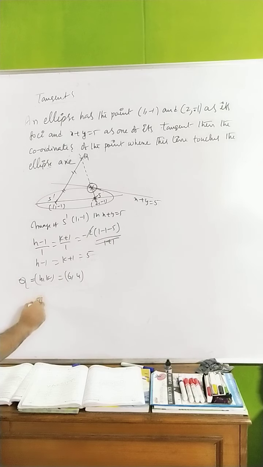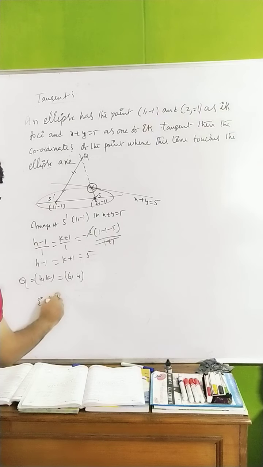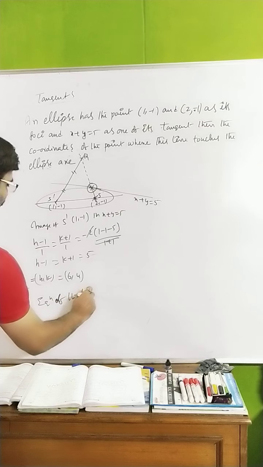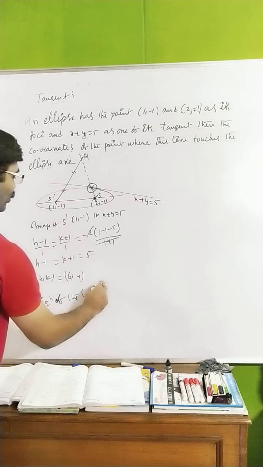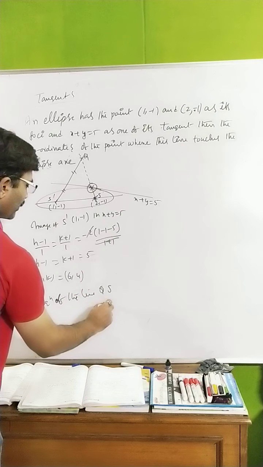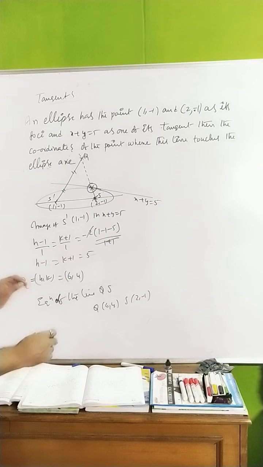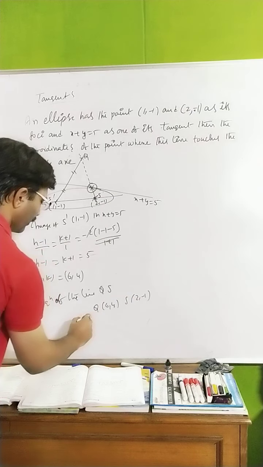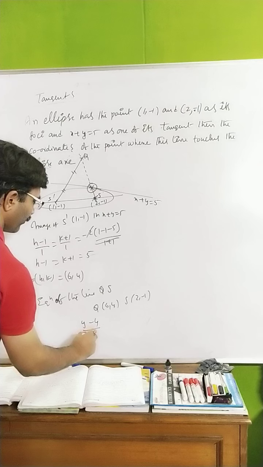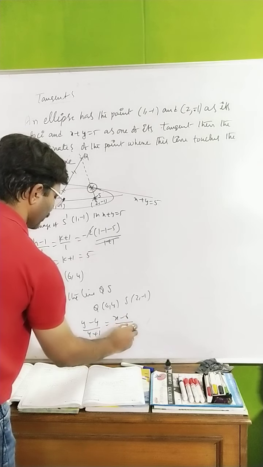Now what I am doing here is finding the equation of the line QS. Q is (6, 4), S is (2 comma minus 1). So now in this one, (y minus 4) by (4 plus 1) is equal to (x minus 6) by (6 minus 2).